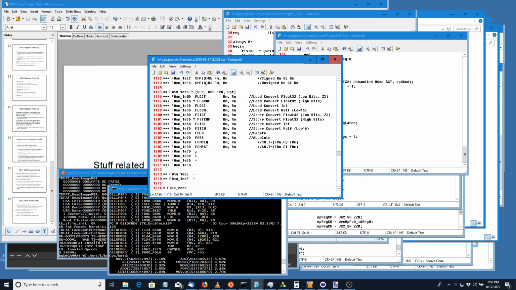Not a whole lot else is done by GFP besides conversions, compares, and also add, subtract, multiply. Interestingly enough, just this much is enough to regain most of the performance you'd have with a full floating point unit. So all that extra fancy stuff like transcendental functions doesn't really buy that much. So yeah.